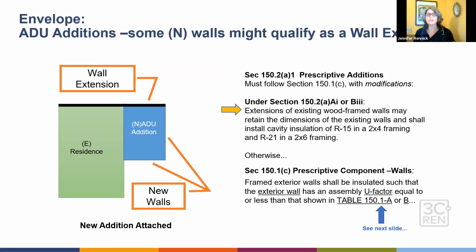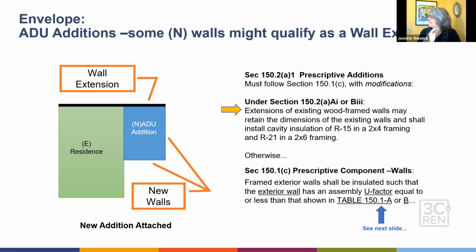But as soon as you turn the corner and you start building the new walls, then those new walls have to comply either prescriptively or comply with the performance method. And those new walls most likely would be a 2x6 wall with R21 insulation and sometimes exterior insulation, depending on which path you took to compliance.